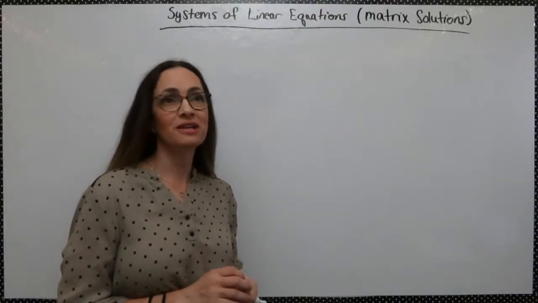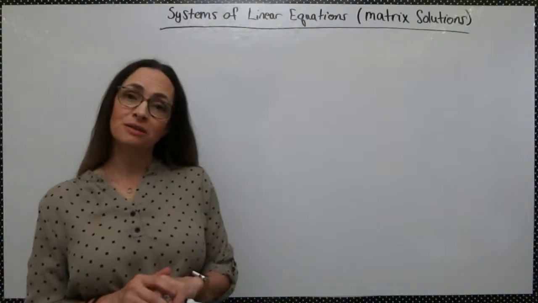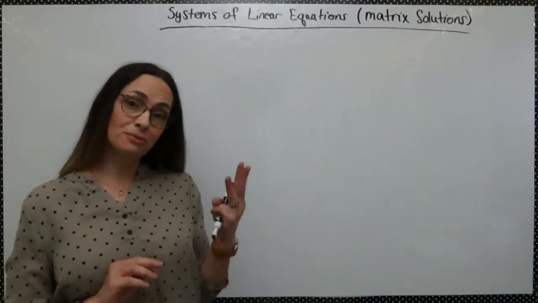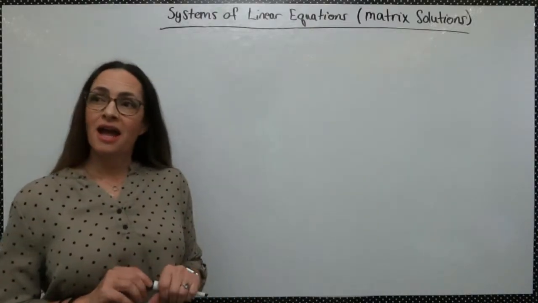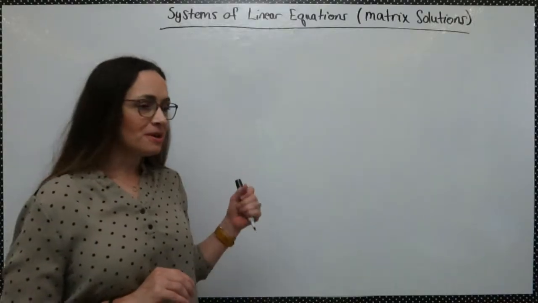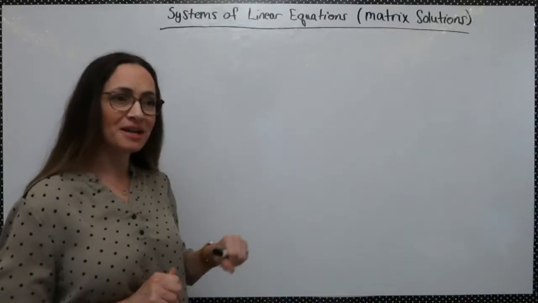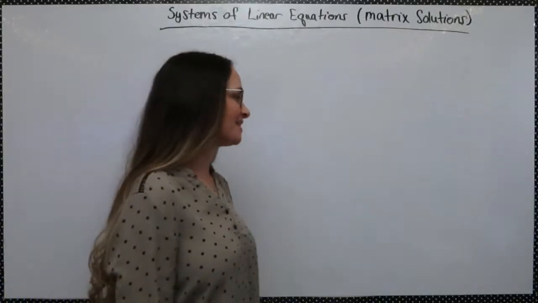Hopefully somebody out there is watching and needs to know how to solve a system of linear equations with three variables. If you do, hopefully my method is pretty straightforward, and if not, let me know and I will work on it. But let's see how it goes.